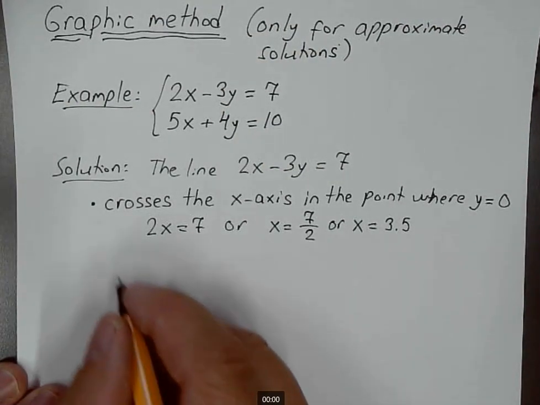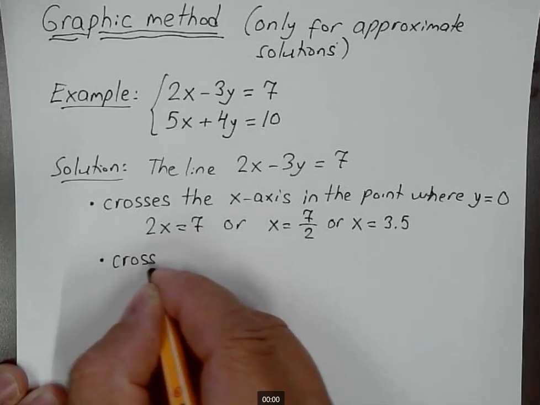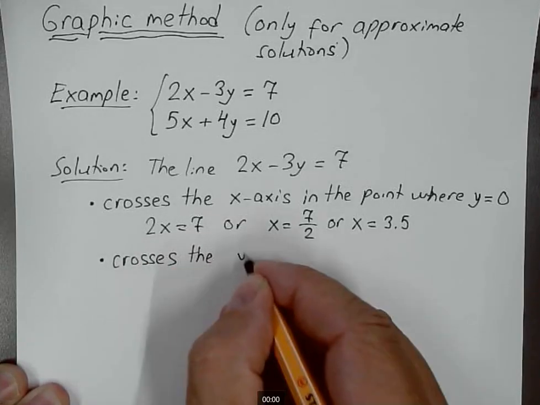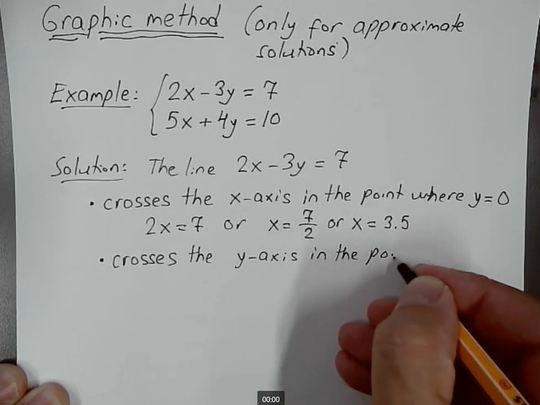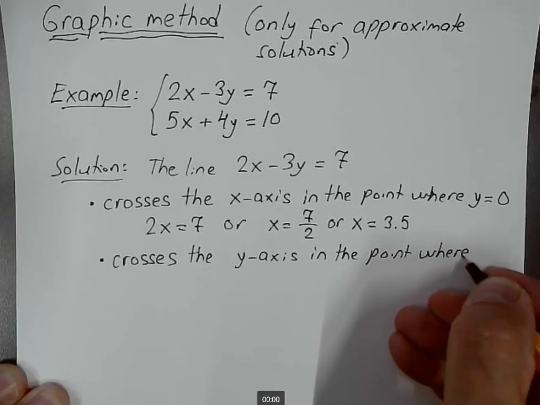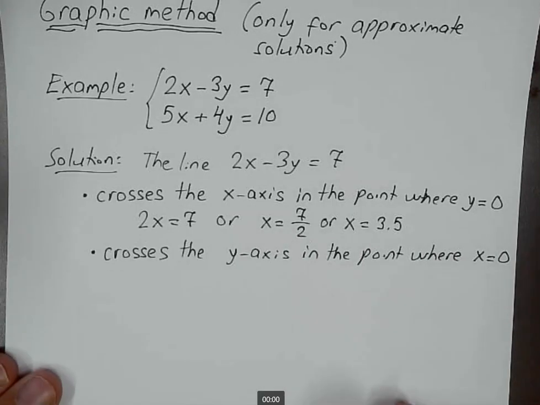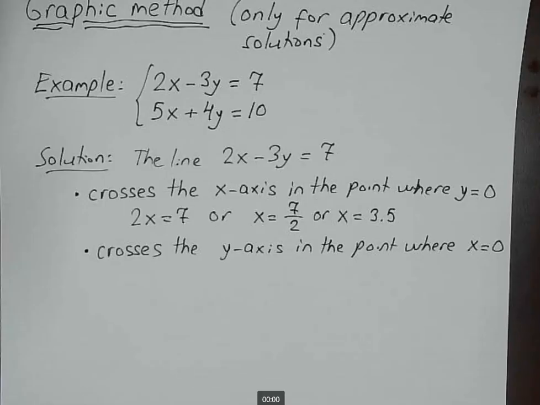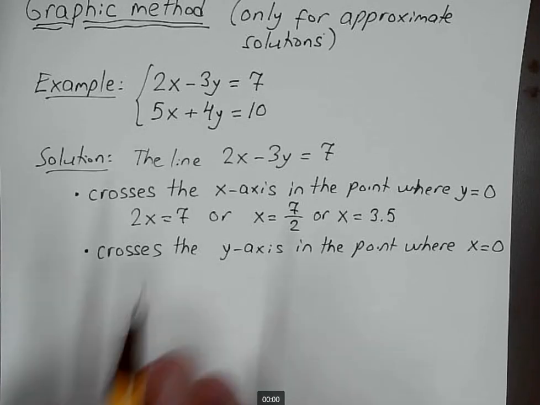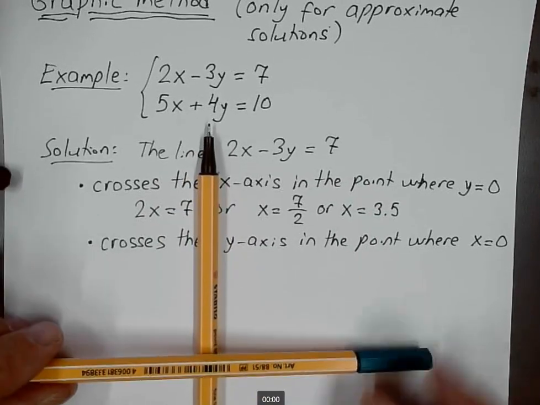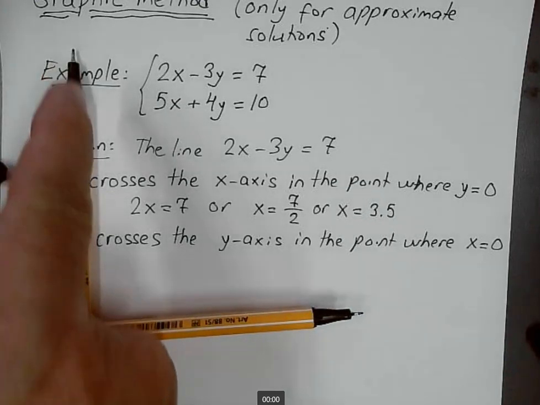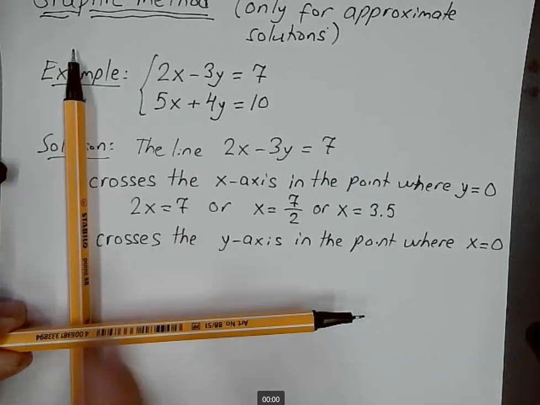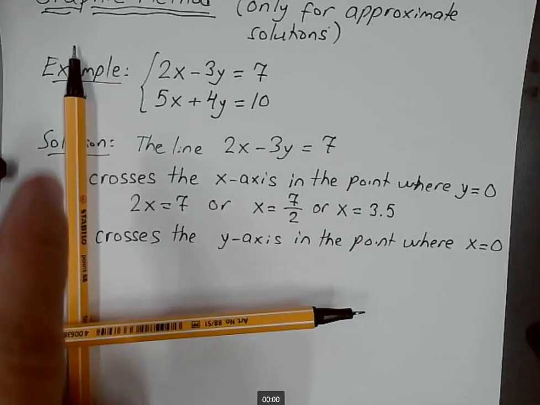And it crosses the y-axis in the point where x equals 0. When we are moving along the y-axis, this vertical axis, the x-coordinates are always 0.